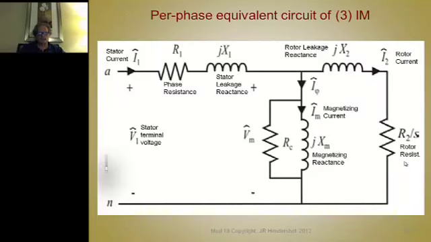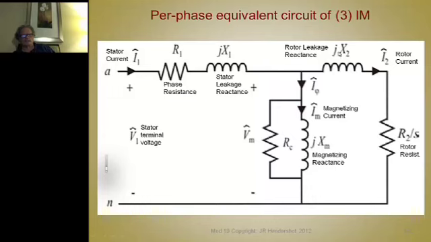And this is the equivalent circuit, and the circuit on the left side represents, as we all know, the equivalent circuit of a single phase of a three-phase induction machine. And these are all of the characteristics here. There's the terminal voltage across the terminals for the stator. That's this, and then the total stator current, the resistance of the stator phase, and the stator leakage reactance is this term.